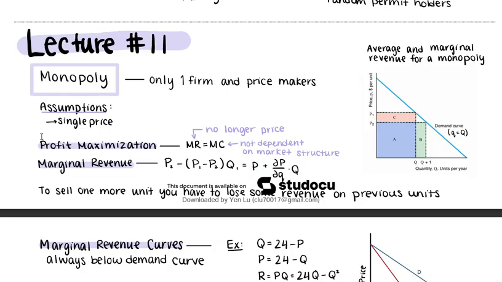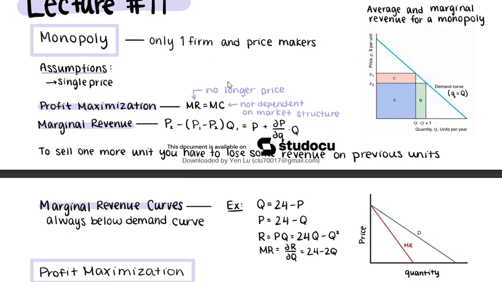The profit maximization is when the marginal revenue equals the marginal cost. And remember, here in monopoly, the price wouldn't equal the marginal cost because they are price makers.